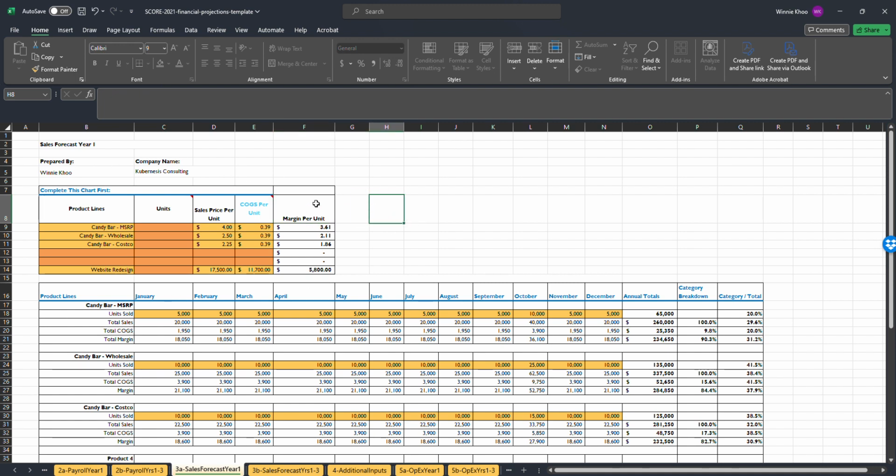So here at the top section, for each product line, there's total units, sales price per unit, COGS, and margin per unit. Now for food and beverage CPGs, like a candy bar, you can sell your products in many different locations.